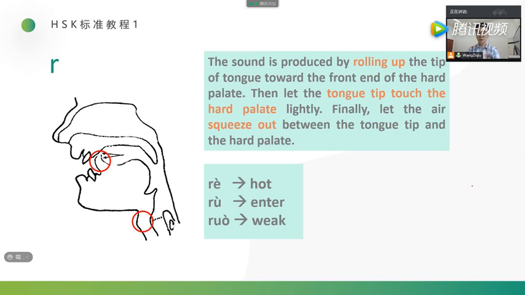If you cannot find the right position, we can try to read it in this syllable, like this one. 热. It means hot. 入.